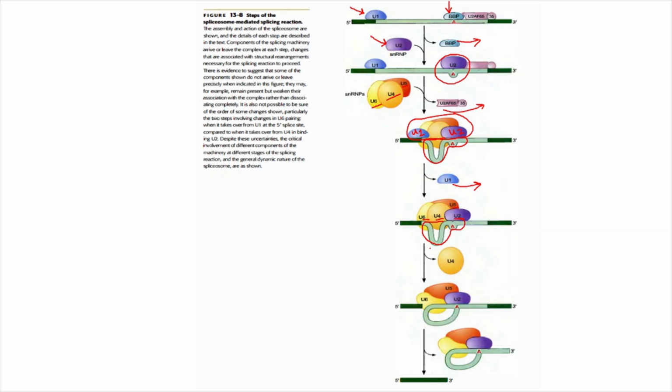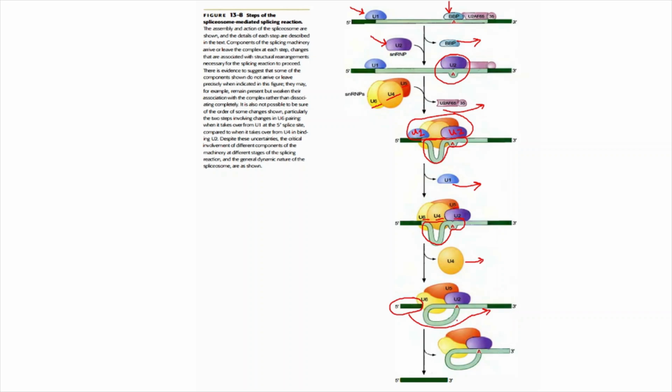Then in the following step, the U4 protein is also released along with formation of the first portion of the exon. So the first reaction of splicing has happened, and one part of the exon has been released. Now in the subsequent step, this exon will act as a nucleophile to attack the 3' end of the intron exon boundary.